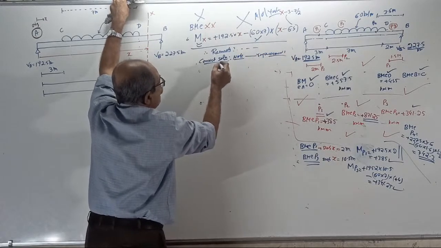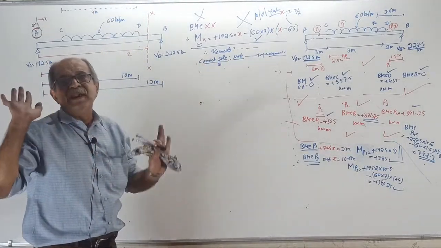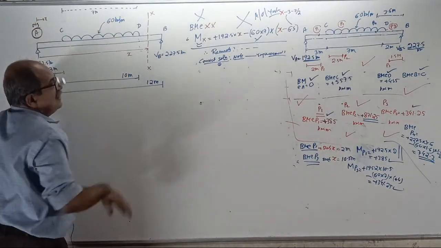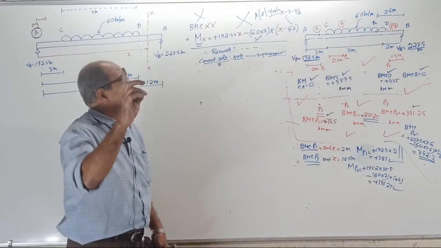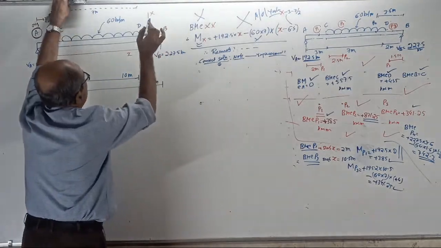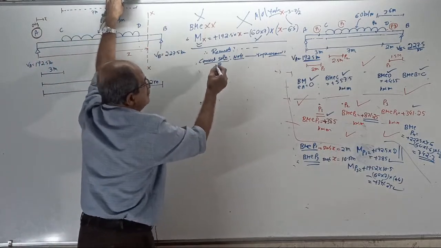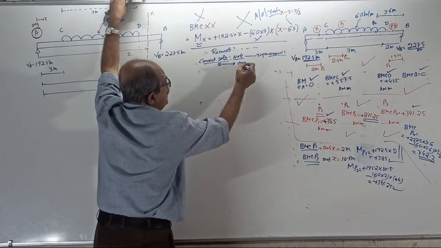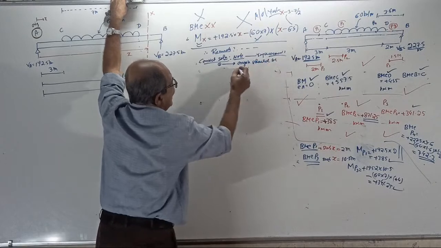I will put requirement number 1: origin should be the extreme end of the beam. Yes, I will take A as origin now. Okay, satisfied. Then the section should be between the last 2 points on the other side. Yes, I will take between D and B. You write here, requirement number 1, origin should be the extreme end.